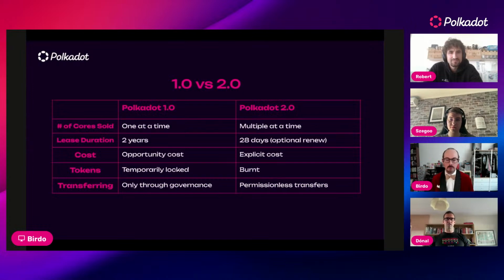So that's async backing. Elastic scaling means that you can not just shoot your blocks at one core, but if you produce your queue of blocks, they can be processed by multiple cores, so you can increase the number that you're making.